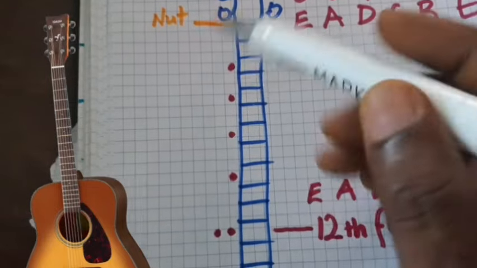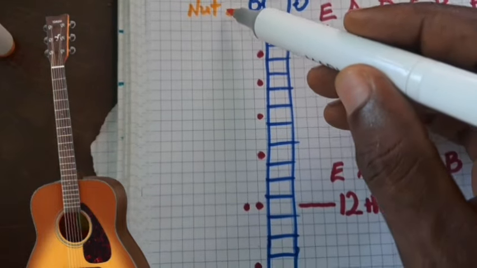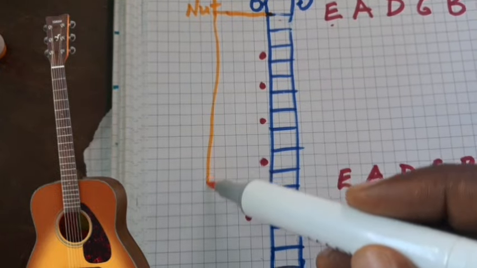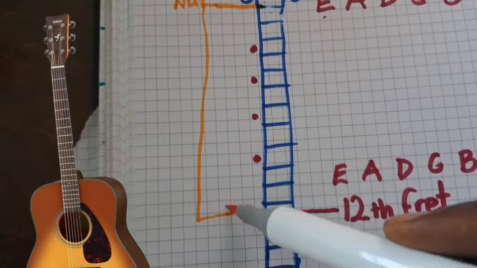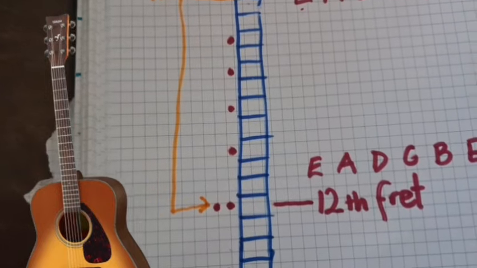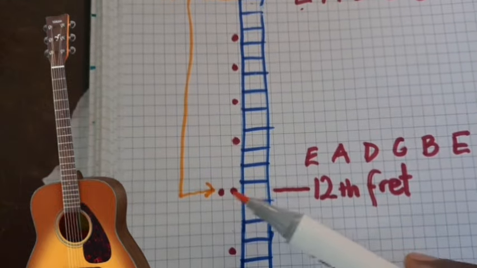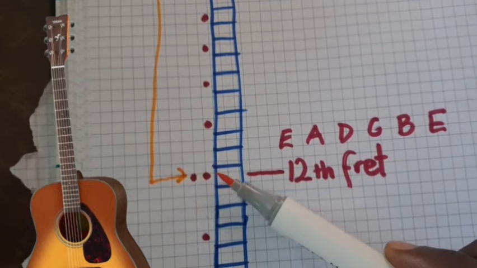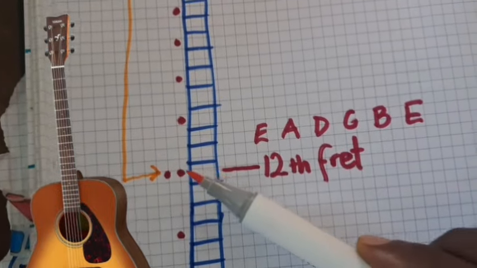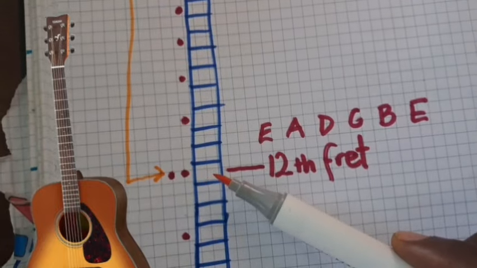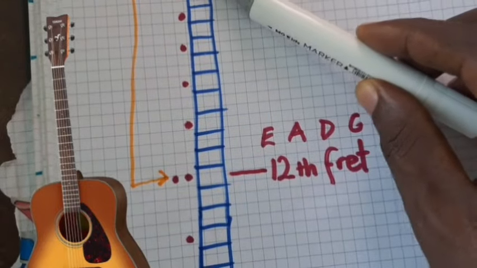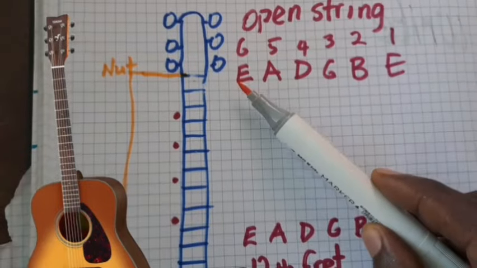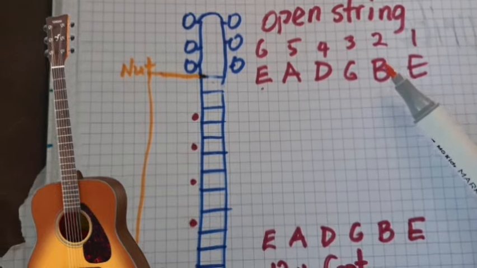This knot here can serve as a fret. So these two dots here are like the knot, because this knot gives us this E, A, D, G, B, and E.